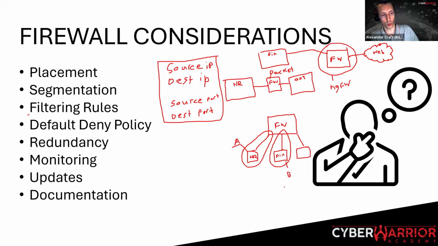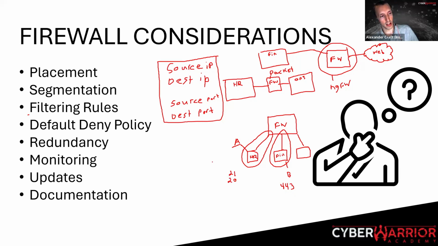Now, finance only allows us to talk to things over port 443. It's a pretty common port that you use to just go to websites. Maybe they host a website of some kind. And then A only allows us to go to something like 21 or 20 to do file transfers.